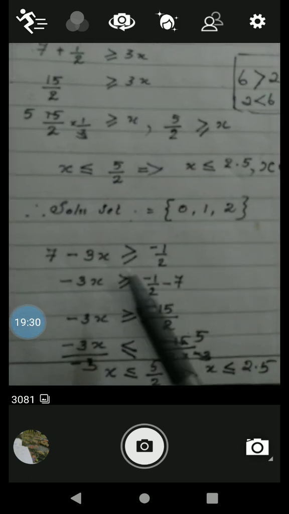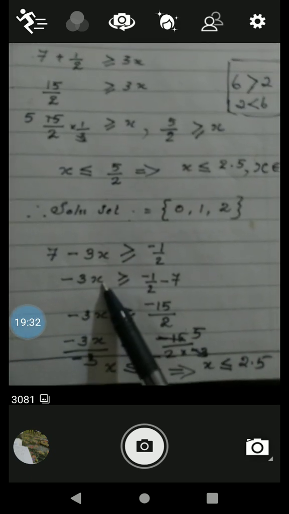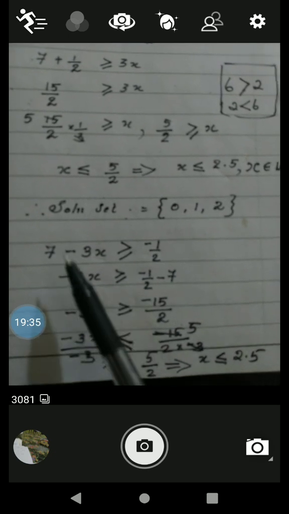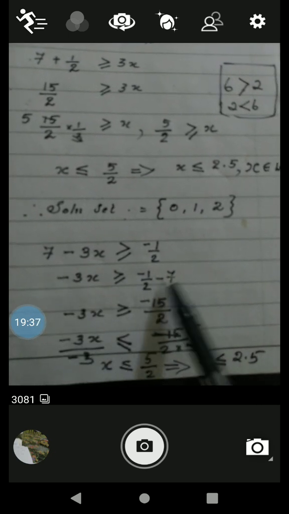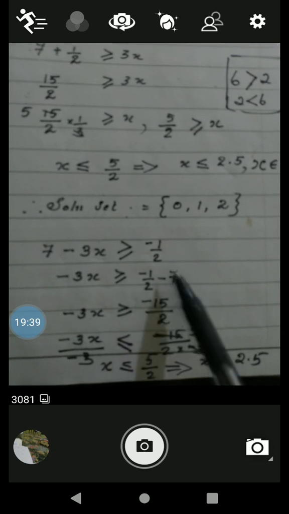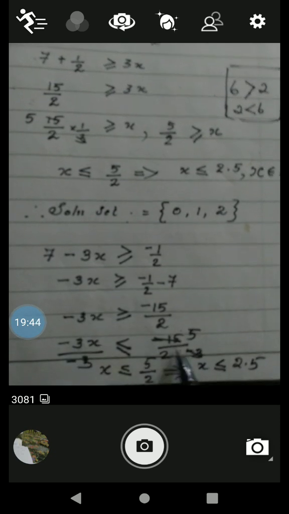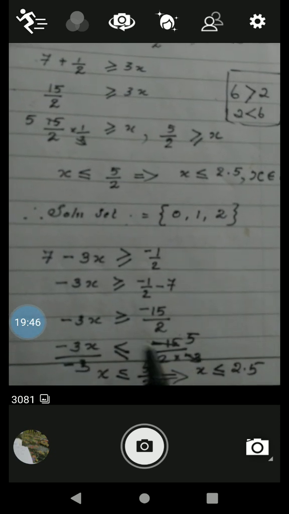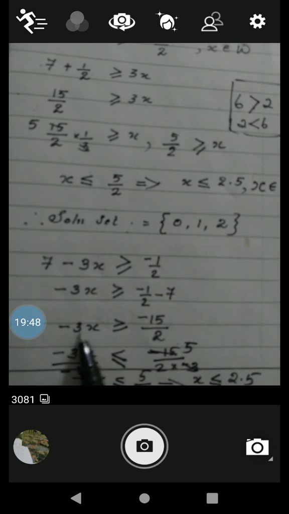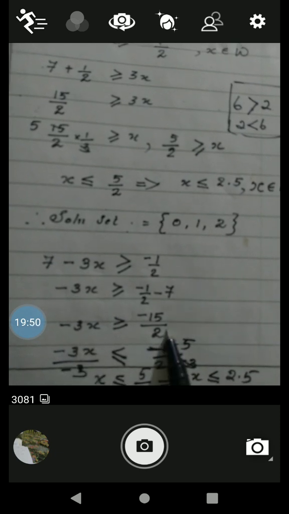Suppose I will show the other method also. You just see. Suppose we are transposing 7 to the other side. We can see what will happen. You can see all these steps. Look here. Minus 3x is on the left side itself, and you can transpose 7 to the other side. It becomes minus 7. When we simplify, we get minus 15 by 2. We cannot transpose minus 3 to the other side.